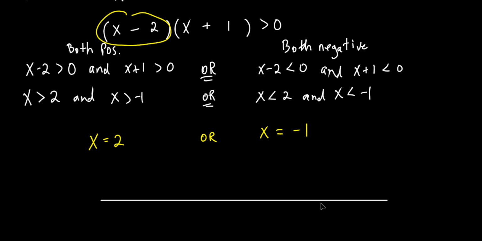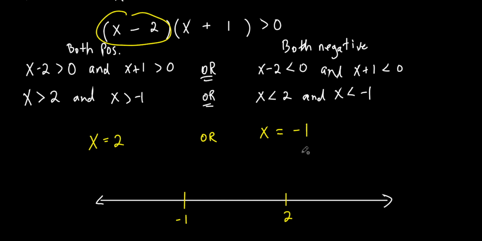The number line keeps on going in both directions, but I'm going to put on it a negative 1 and a 2. Make sure you put them in the right order: the negative has to be left of the 2. Even though I said equals, that's where I'm going to put my important points on my number line.